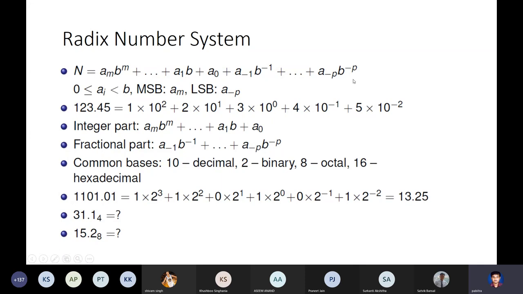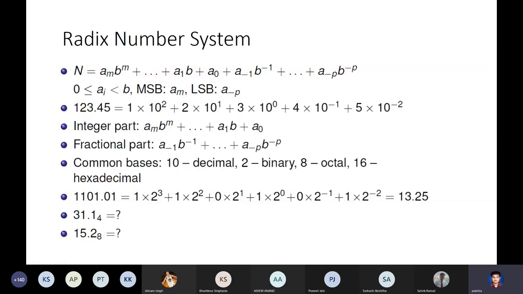Note that this is universal in the sense that the decimal number system can be represented this way, and the binary number system can be represented this way. This b is called the base of the number. It may be 2, it may be 10, it may be other values.